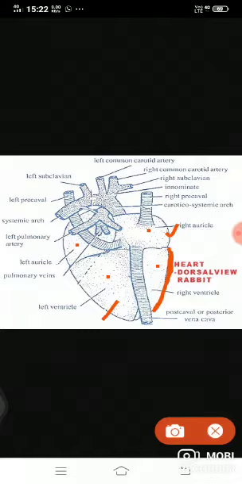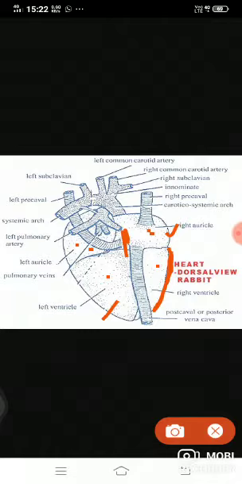Next, the right and left auricles are separated by the interauricular septum.